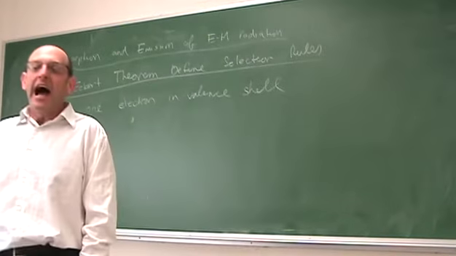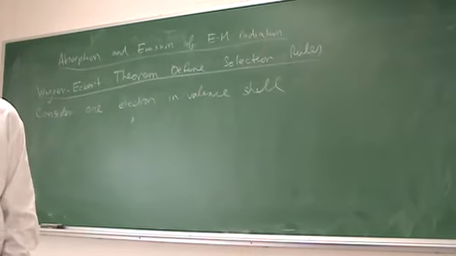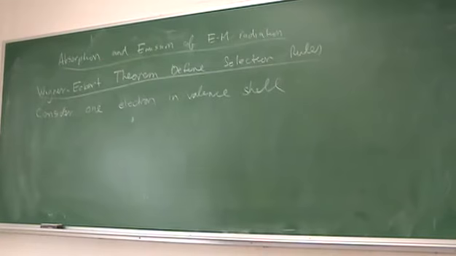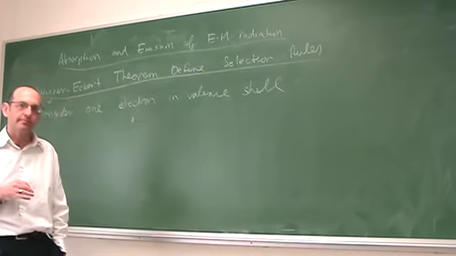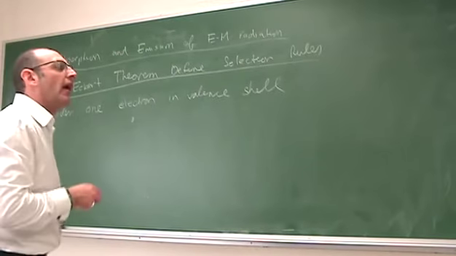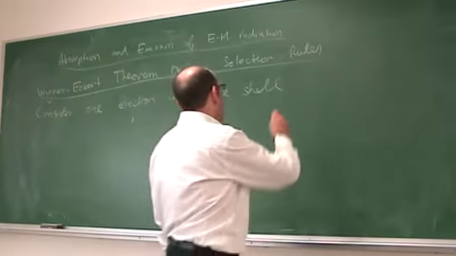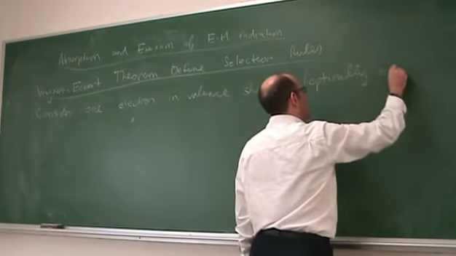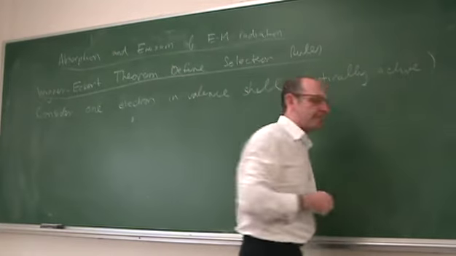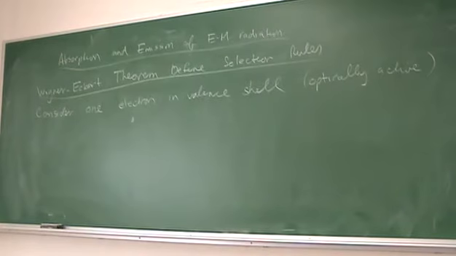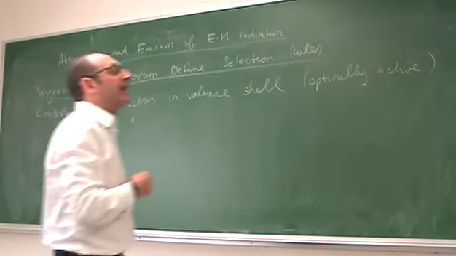So let's think about hydrogen, or the alkalis, or singly ionized calcium. Okay, one electron, just to start. So that one electron then is the optically active electron, and we think about its orbital, or its state, as the state that it can be excited.